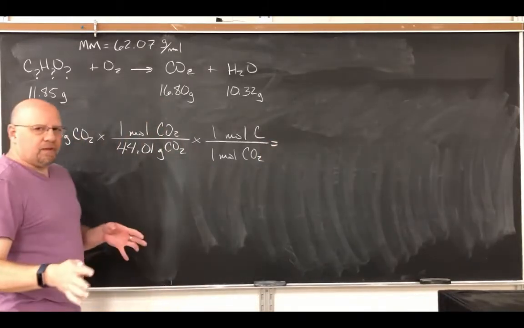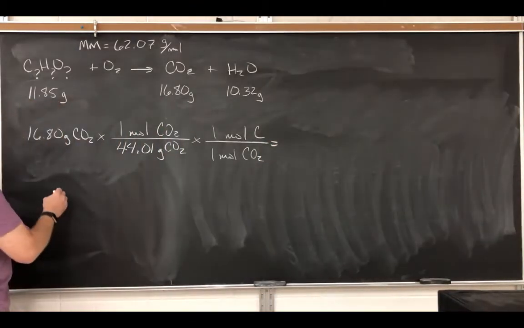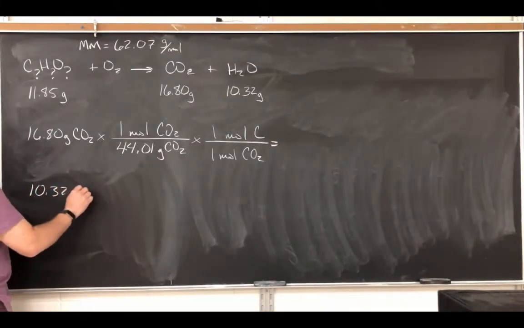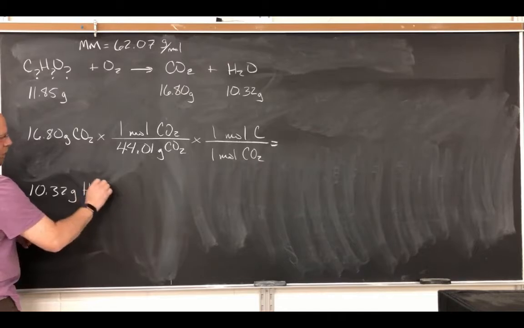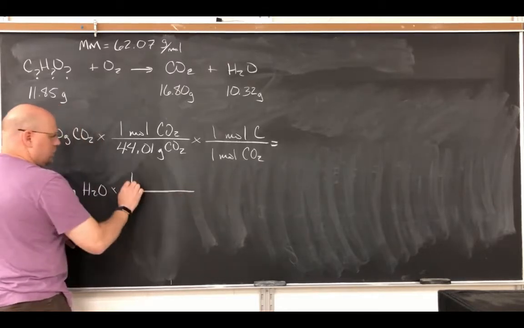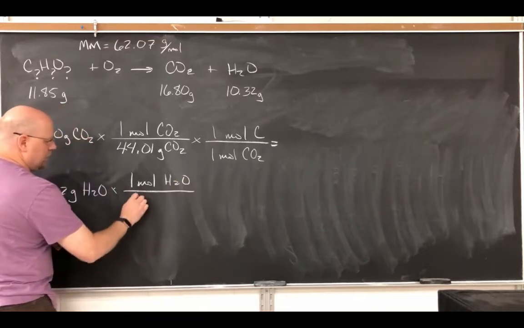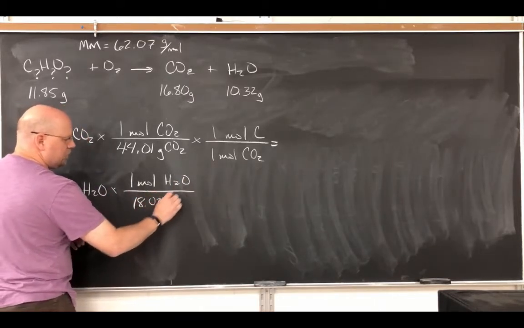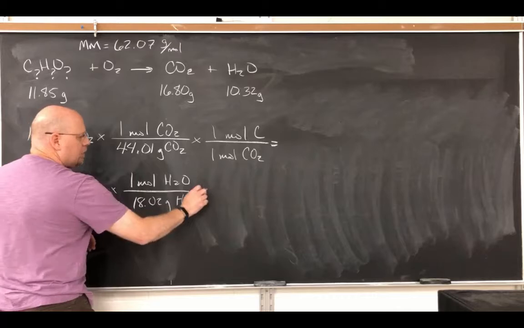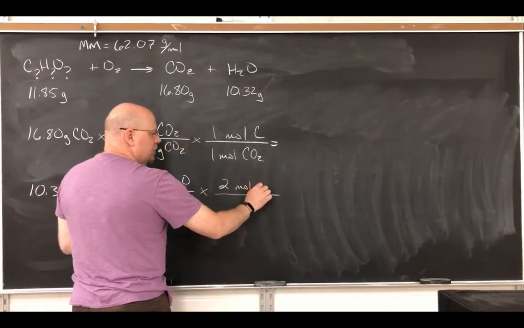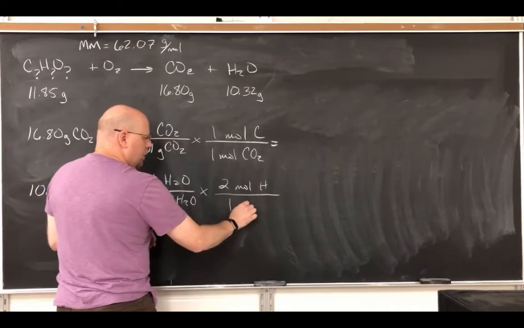We're going to do the same thing with the water. We're going to take our 10.32 grams of water. 1 mole of water is 18.02 grams. 2 moles of hydrogen to 1 mole of water.